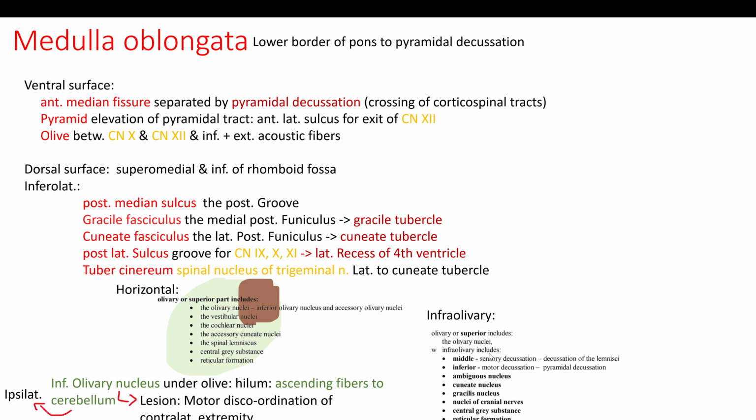Axons arising from cells in the inferior olive cross and enter the inferior cerebellar peduncle to reach the contralateral cerebellar cortex and nuclei. Given the severity of motor inputs, a lesion to the inferior olivary nucleus results in motor discoordination of the contralateral arm and leg. A lesion of the cerebellum results in motor discoordination of the ipsilateral limbs.